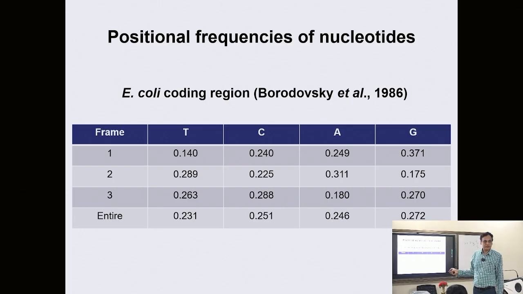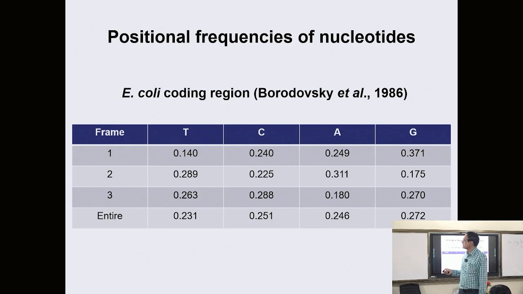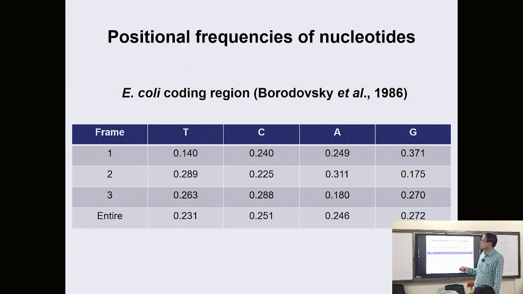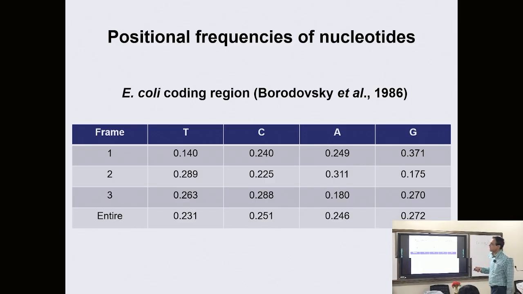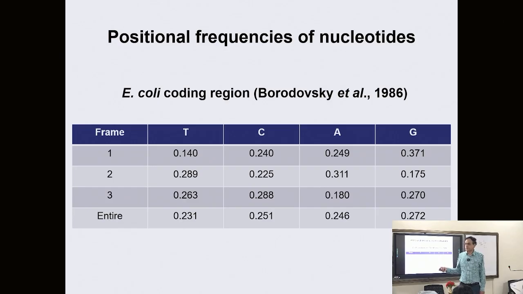Okay. And they observed, Borodovsky and colleagues, that there is a non-uniform pattern with respect to the codon positions. So you can see the probability distribution of these four nucleotides at position 1 differs from the probability distribution at position 2 and position 3.